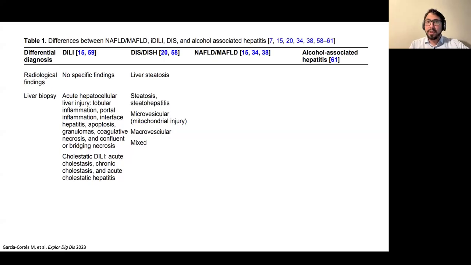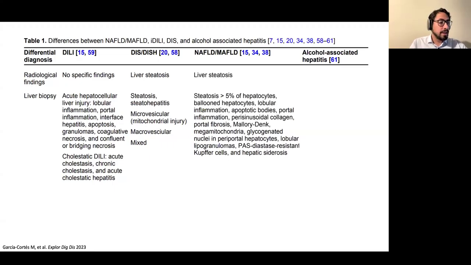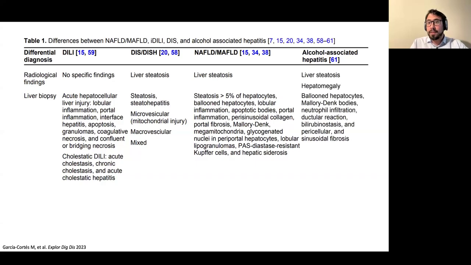In contrast, drugs that specifically induce steatosis will show hepatic steatosis in the liver, and some of them will show microvesicular steatosis, suggesting mitochondrial injury. In contrast, MASLD will have the most typical features of steatotic liver disease, including ballooned hepatocytes, apoptotic bodies, and other markers of inflammation.